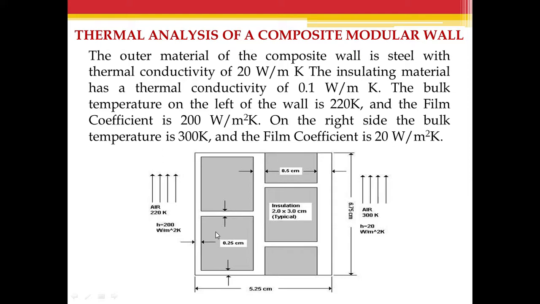So to create the first insulator, the x1 distance is 0.25 divided by 100 and x2 distance 2.25 divided by 100, y1 distance 0.25 divided by 100, y2 distance 3.25 divided by 100.